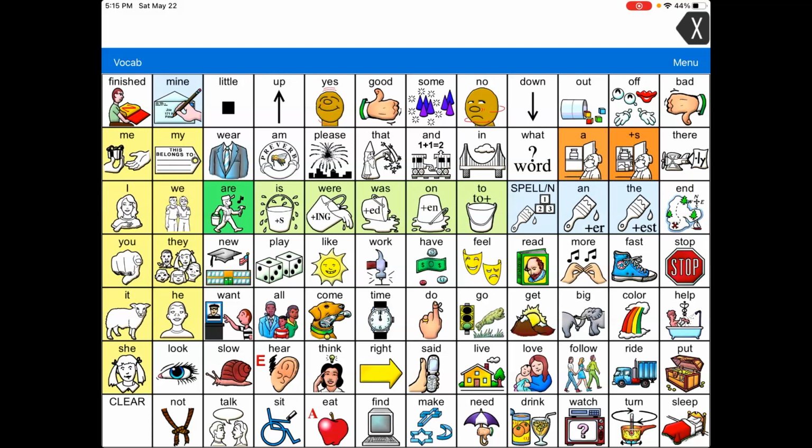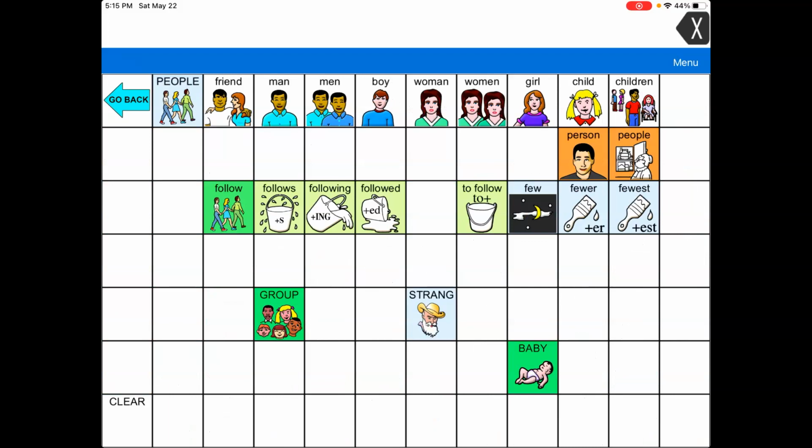Here's our second layer. And so on this page we have words like boy, girl, friend, child, person. So I like this page because this is typically where I add their friends or their classmates at school.